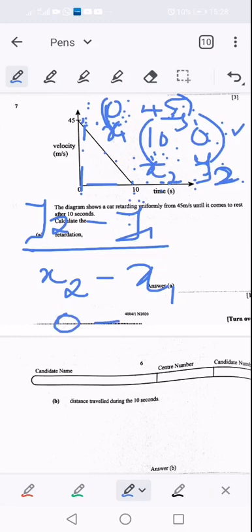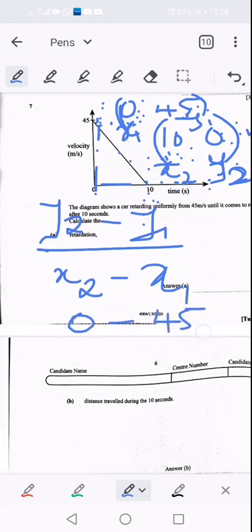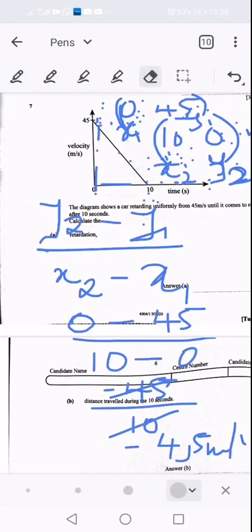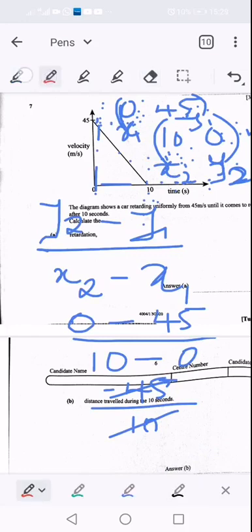So y2 is 0, minus y1 which is 45, all over x2 which is 10, minus x1 which is 0. So we get minus 45 over 10, which gives minus 4.5 meters per square second.